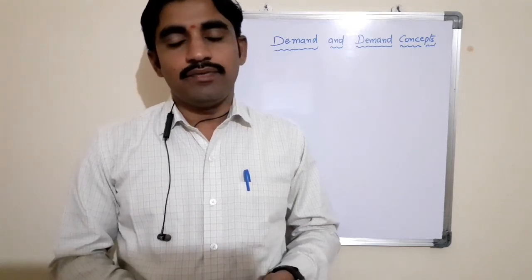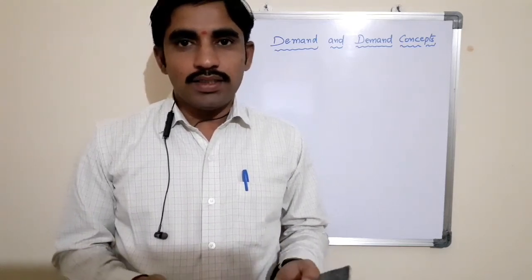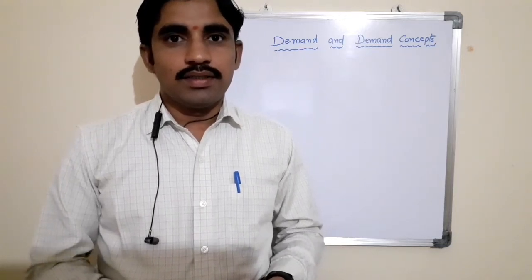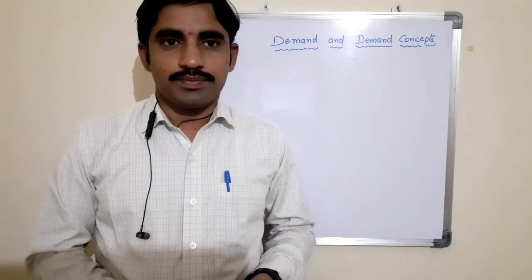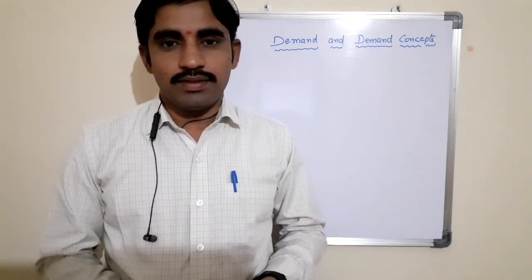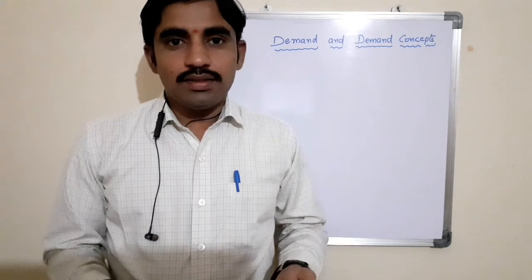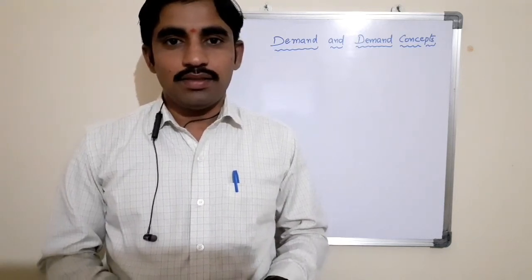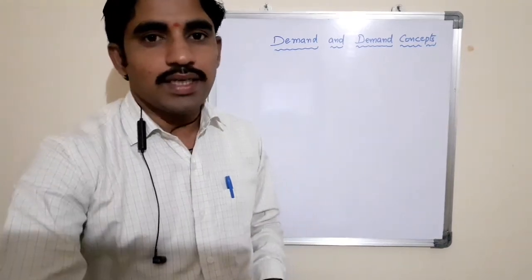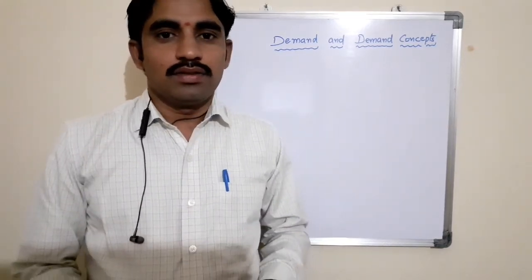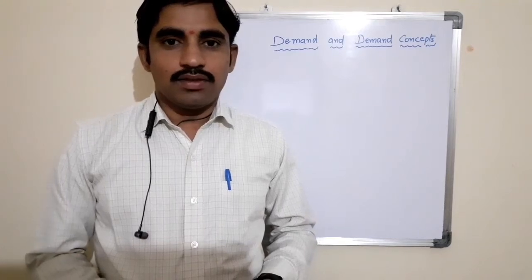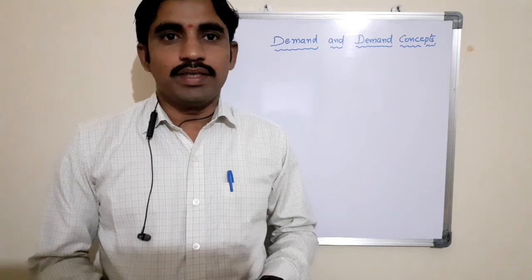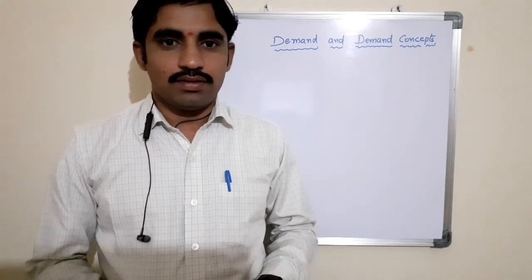Demand can be defined as the quantity of a product an individual is willing to purchase at a specific point of time. It is also defined as other things remaining the same. Other things remaining the same means other factors which are directly or indirectly influencing the demand or quantity demanded of a commodity remain constant.